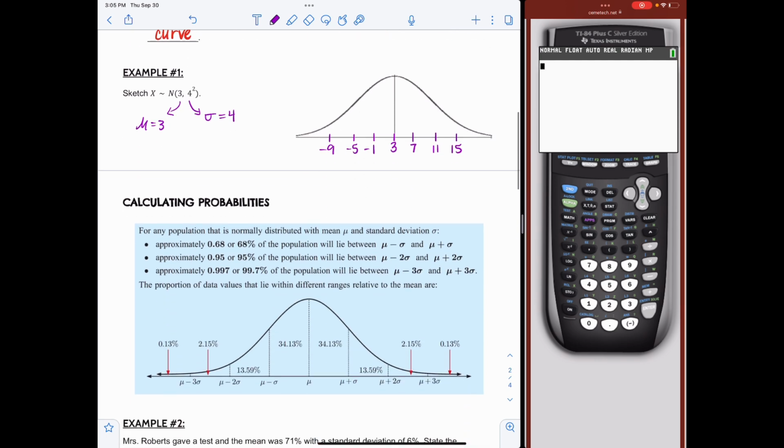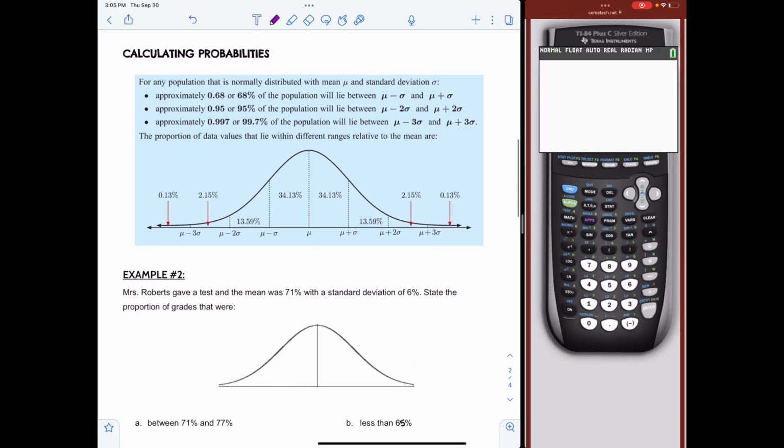So now let's talk about calculating probabilities. For any population that is normally distributed with a mean, mu, and the standard deviation of sigma, approximately 68% of the population will lie between 1 standard deviation below and 1 standard deviation above the mean. So I'm talking about these areas in between here. So this 34.13 on both sides.